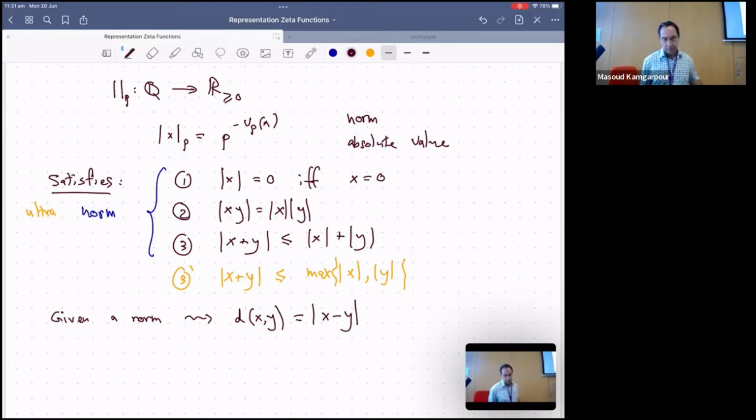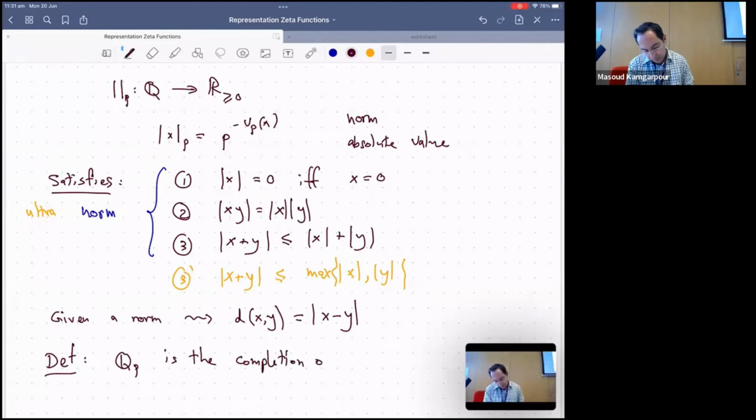And you can easily see that given a norm, you get a metric. And now I can define the p-adic numbers. So Q_p is the completion of Q with respect to the p-adic norm.